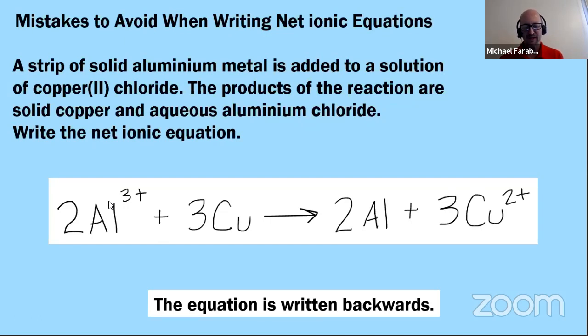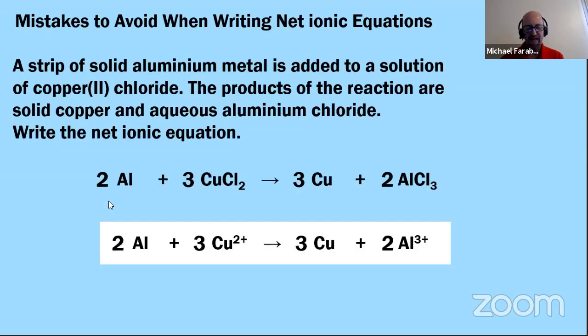Copper solid should be on the right, and copper ions on the left. So again, the correct answer would look like this, where the chloride ions have been eliminated. So again, pay attention to how to write net ionic equations, as well as what mistakes are commonly made on the AP exam, and how you can avoid those mistakes.